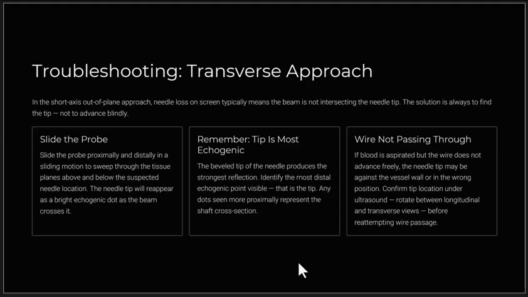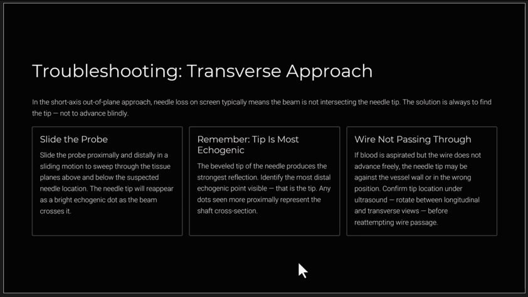Remember, we're looking for a bright echogenic dot that's going to appear as the beam crosses the needle. The bevel tip of the needle produces a bit of a stronger reflector, so that might help you identify the most distal point of the needle. The most echogenic point will be that tip.